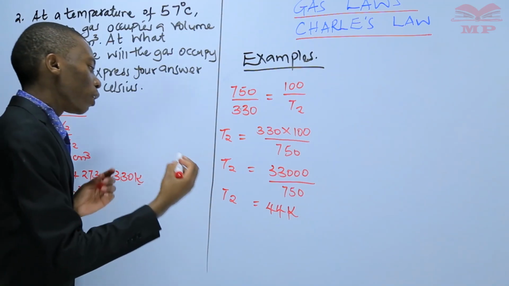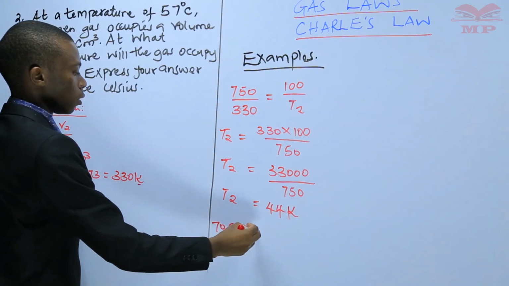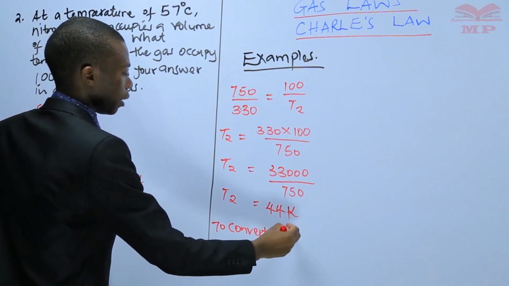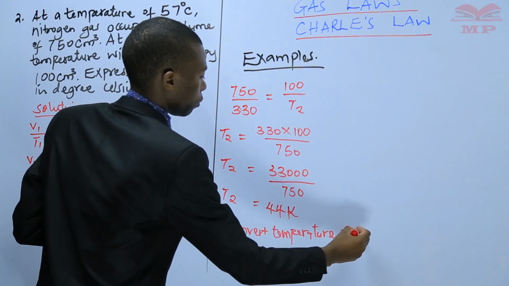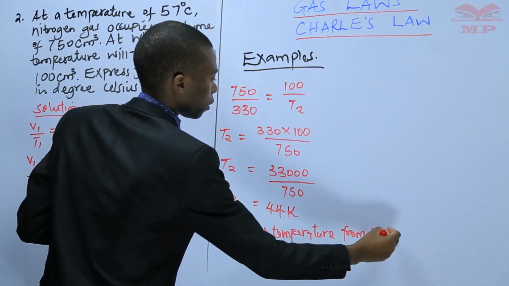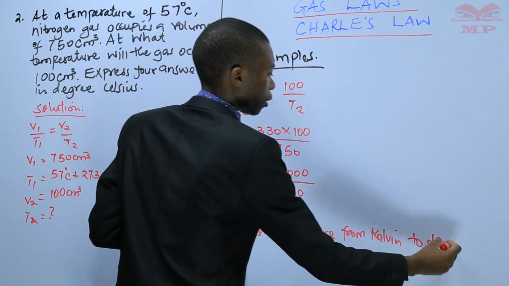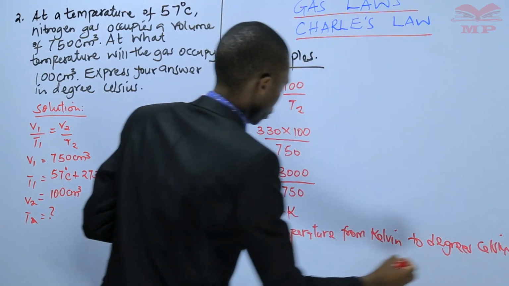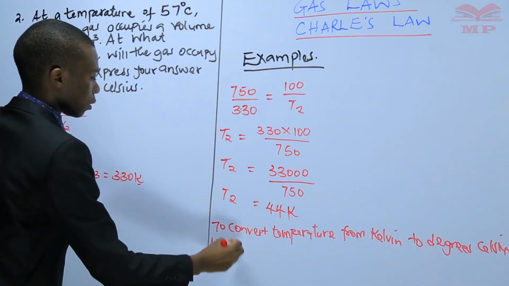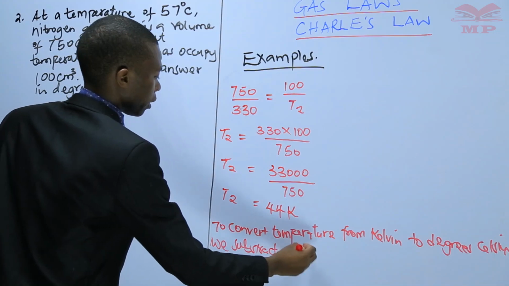To convert temperature from Kelvin to degrees Celsius, we subtract 273.